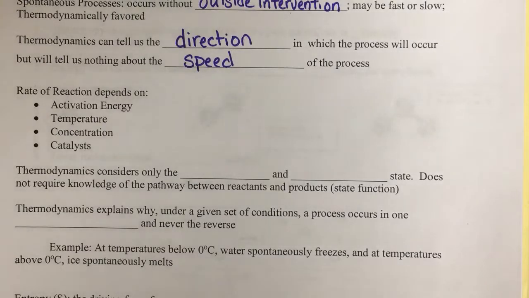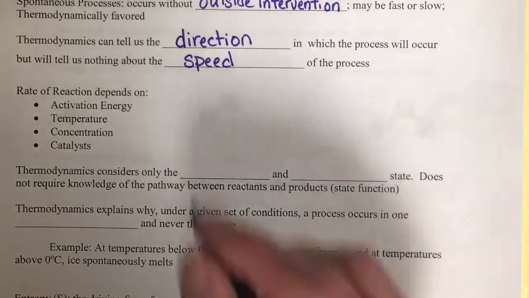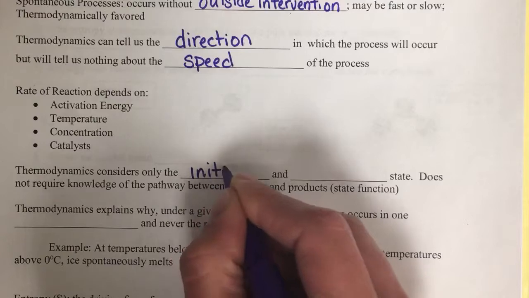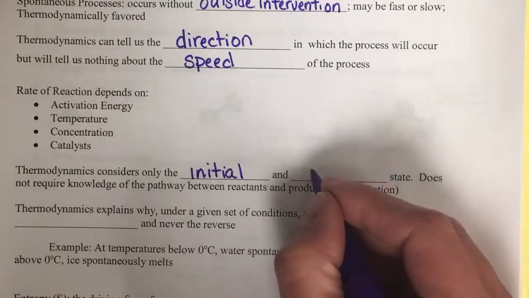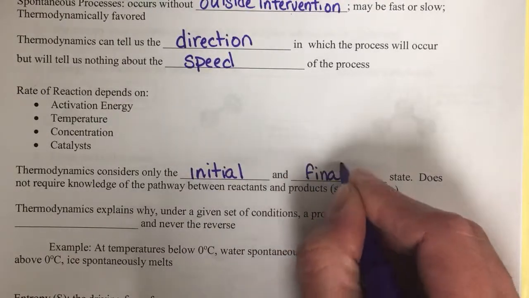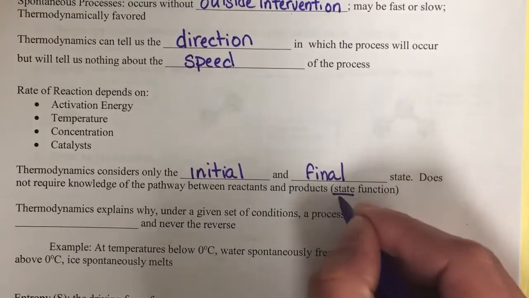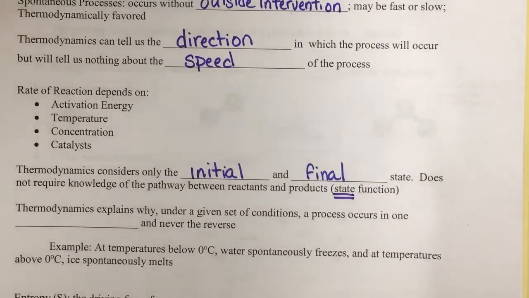Now, when I'm talking about thermodynamic data, I say that I only care about the initial and the final state. It is a state function. So we've talked about state functions before.